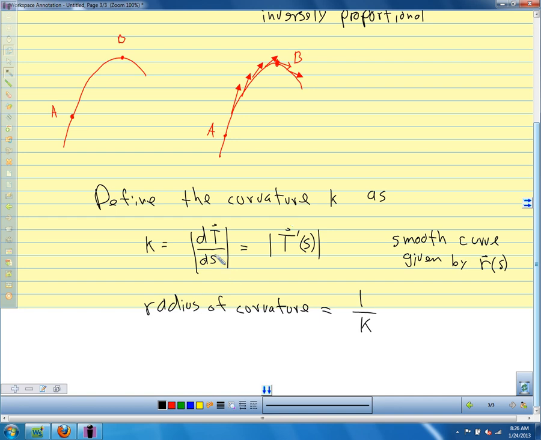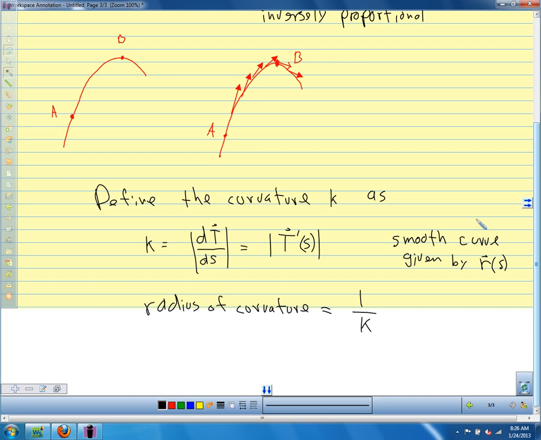Now, just looking at this, what would you guess would be a difficulty with this definition of the curvature? Yeah, our vector valued function has to be parameterized in terms of the arc length. And have we done anything with parameterizing a curve in terms of the arc length? No. So usually we want to calculate the curvature with respect to our original parameter.